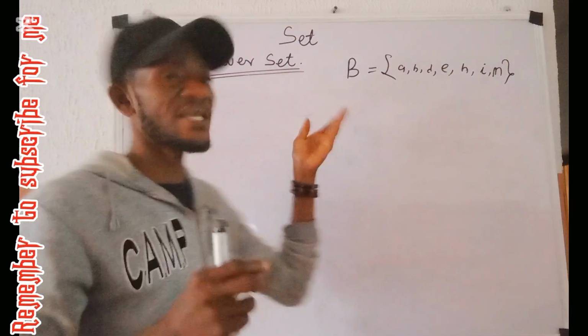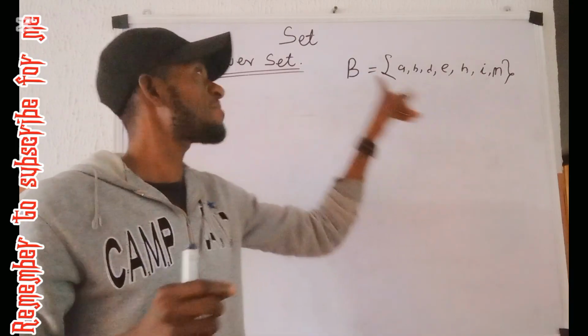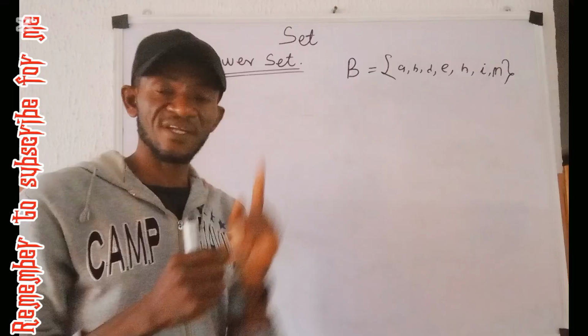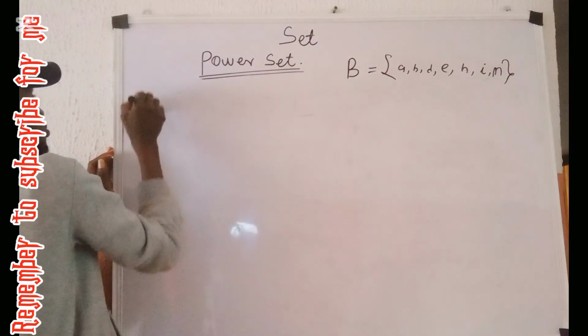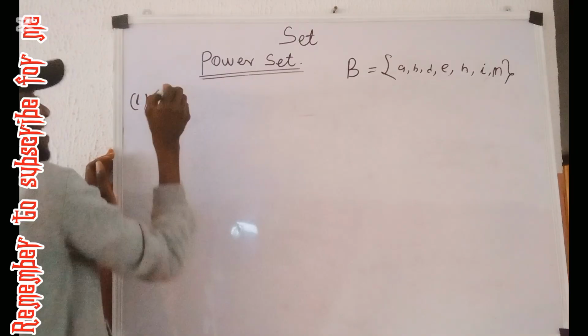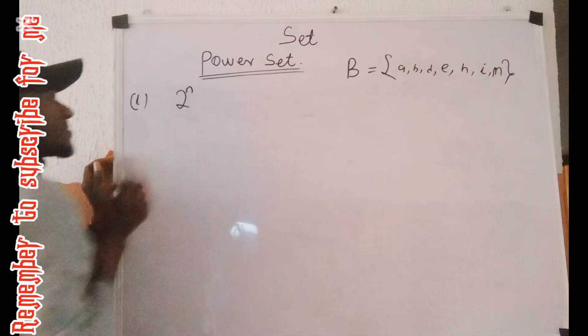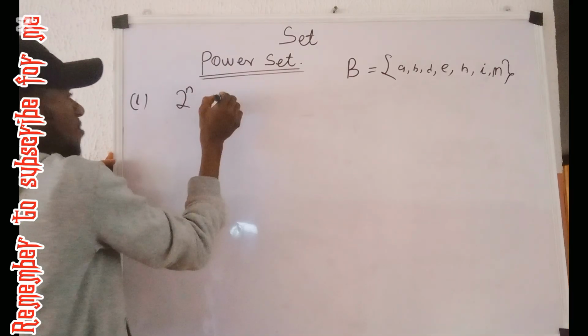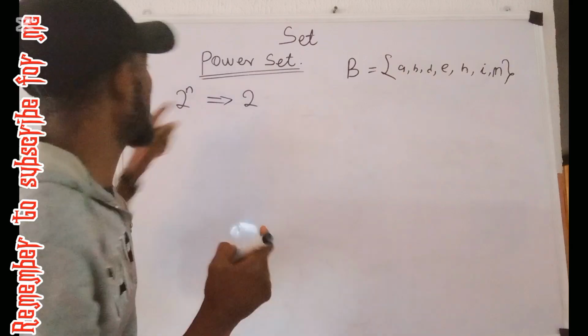And the question here is that we should determine all possible subsets that can be formed from this set B. That is the first question. So for us to solve that, which is number 1, we are going to use a formula that says this is 2 raised to power n. Let us determine the value of n.